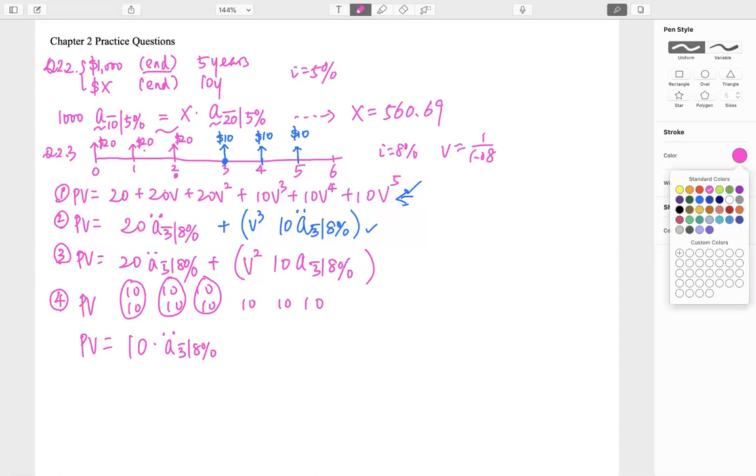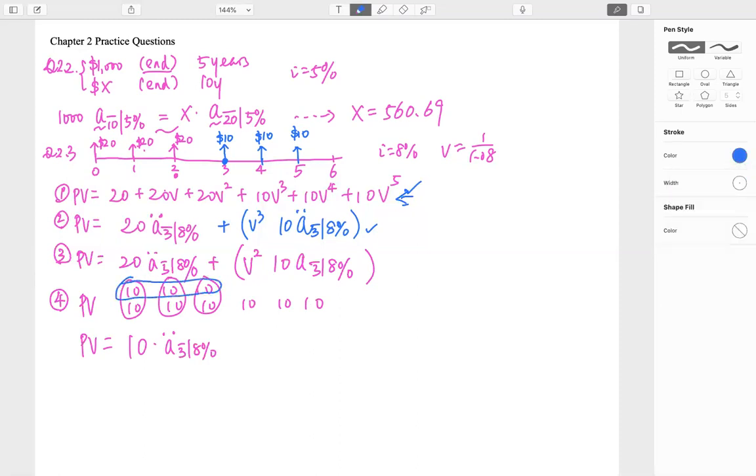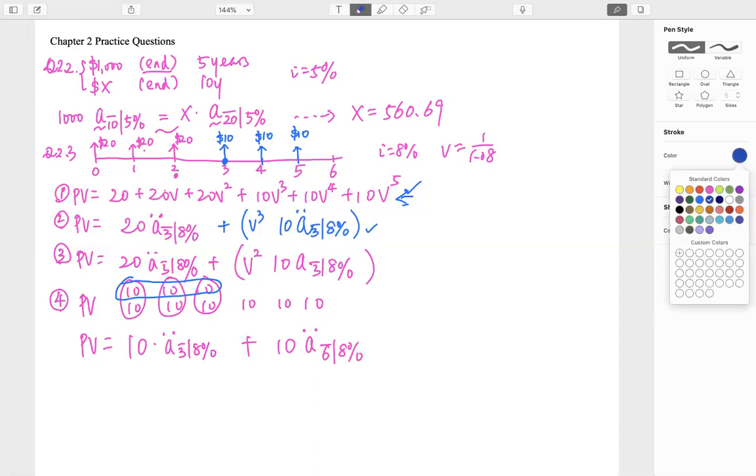So I'm taking care of these 3 guys, right? I also have another annuity due. The payment's still 10, but now I have 6 payments. So the next one handles these guys, right?